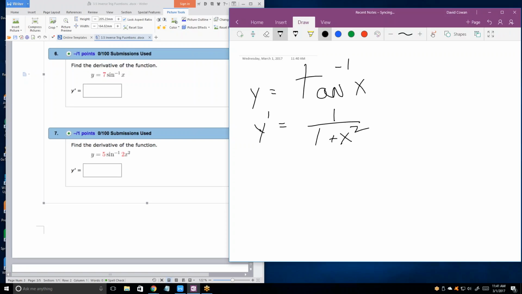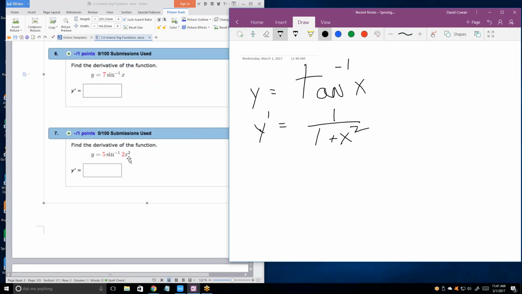Notice something else. When we take derivatives of inverse trig functions, we do not get trig functions as answers. We get polynomials. Interesting, right? Because if you take the derivative of a trig function, you get a trig function.